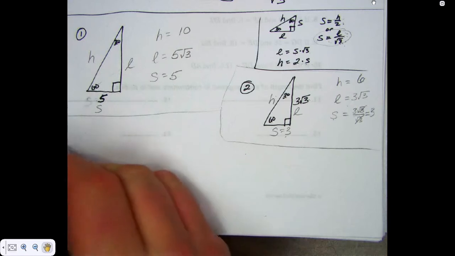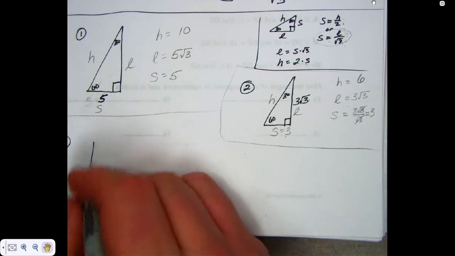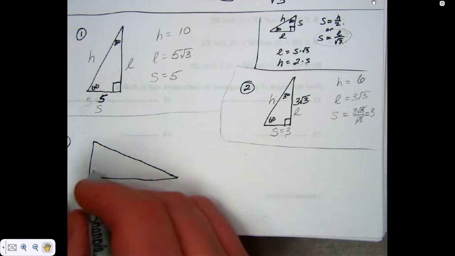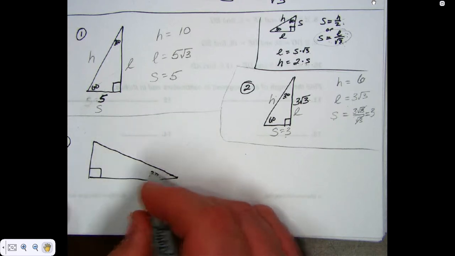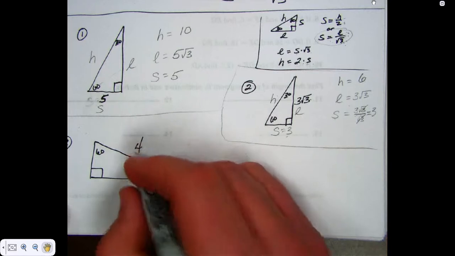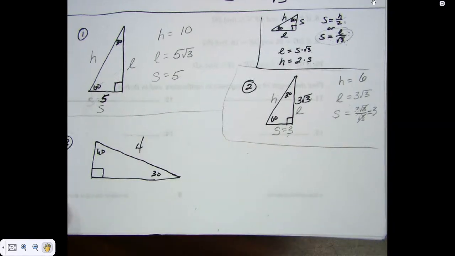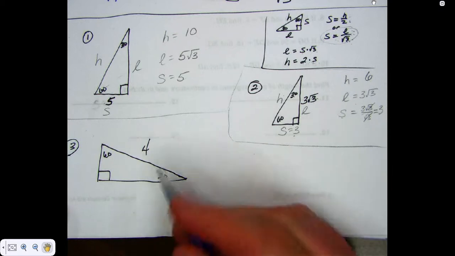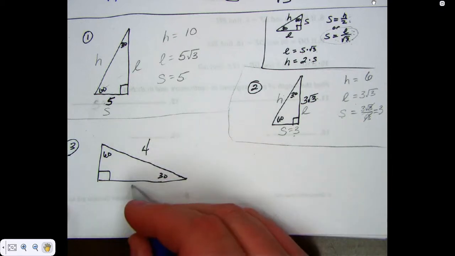Third type you might have of these. And I'm going to draw it a different way now. What's the first thing I want you guys to do? Label, right? What is this?